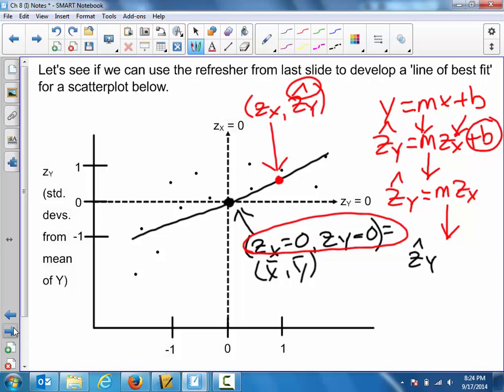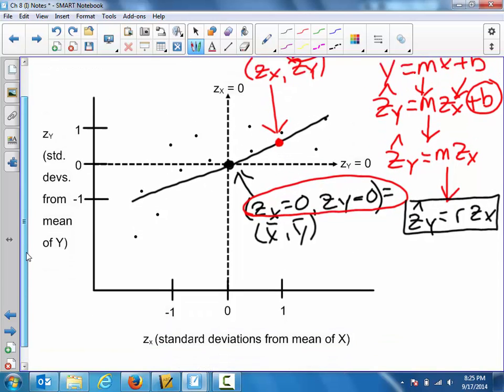z hat sub y, the number of standard deviations we predict to be from the mean of y, is equal to the correlation coefficient times our standard deviations from x. Okay, that is the regression line. That is the best fit line through our data if the data is standardized like this.